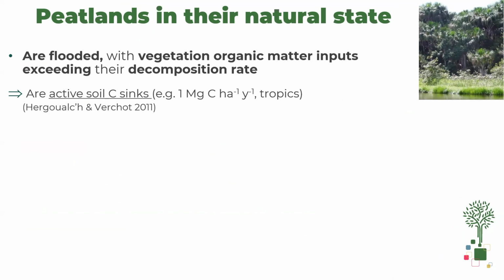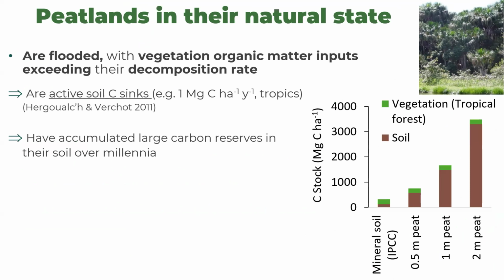rate. So they are active soil carbon sinks, sequestering about 1 ton of carbon per hectare per year in the tropics. They have accumulated large carbon stocks in their soils over millennia, as you can see on this figure, which is based on IPCC defaults.